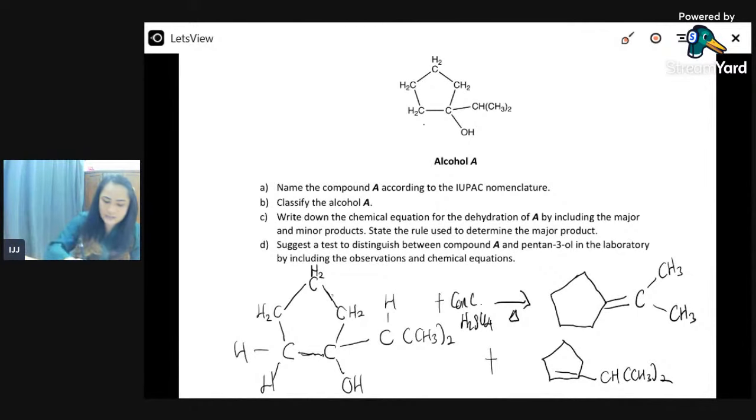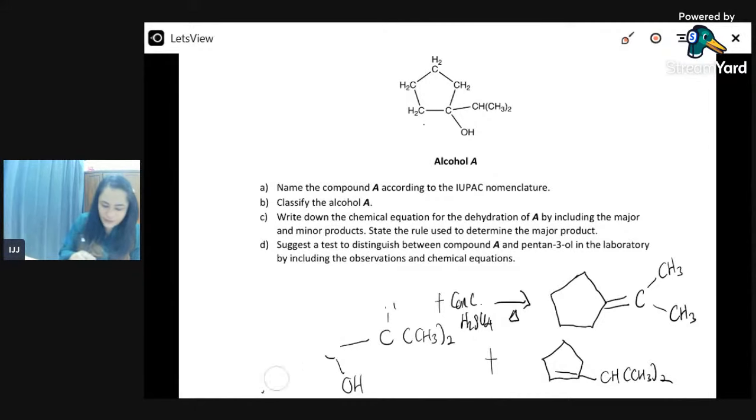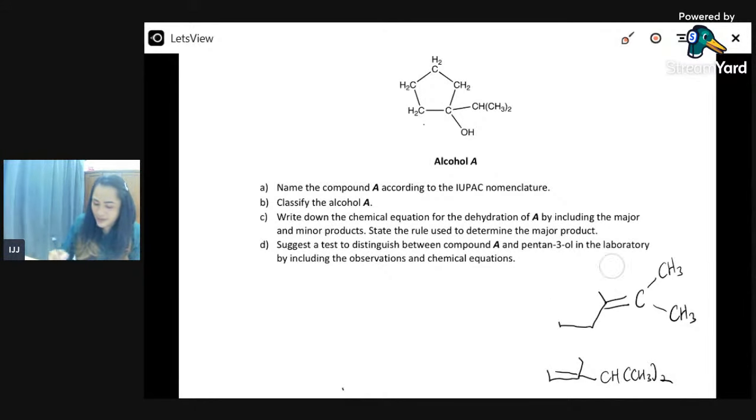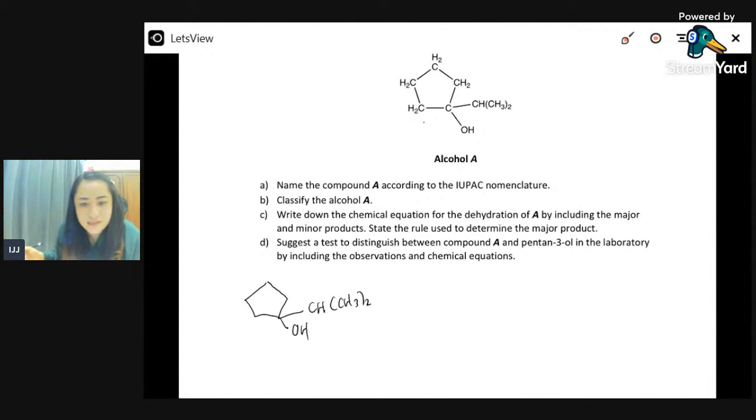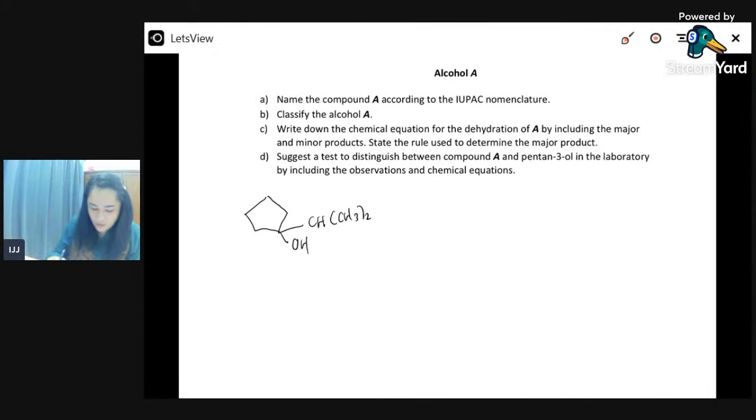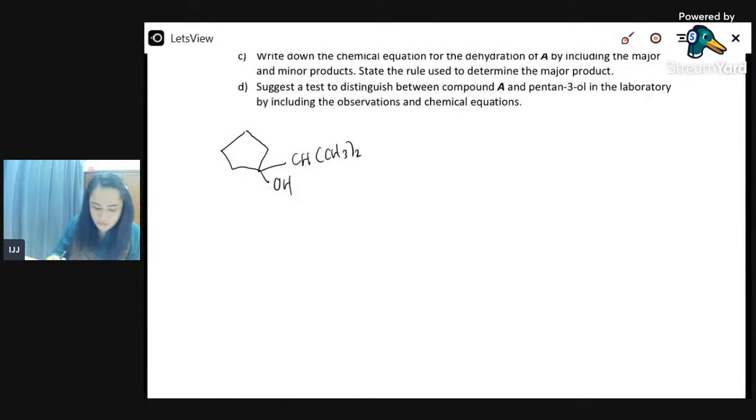Okay, now you need to suggest a test to differentiate between compound A and 3-pentanol in the lab. Okay, so mari kita lukis dulu compound A dengan 3-pentanol. So this is your compound A, and compound A, so we have CH, CH32, and then H. Okay, and then you have a pentan 3-ol.